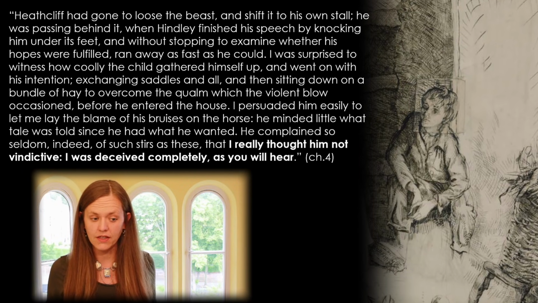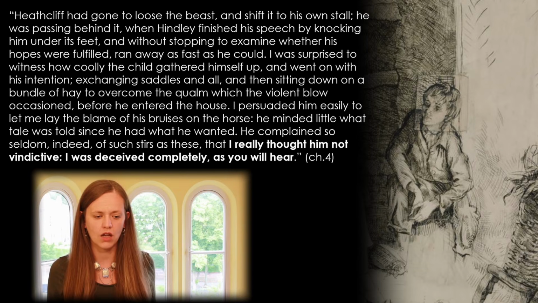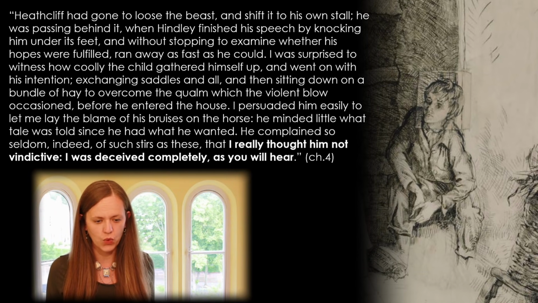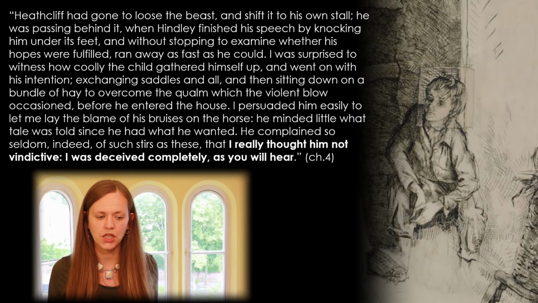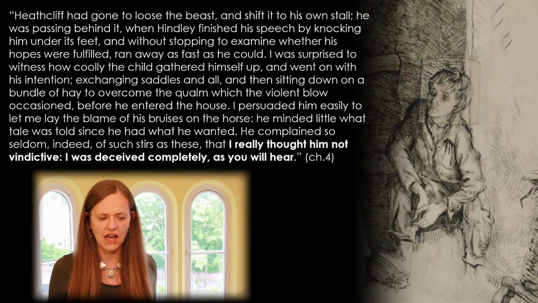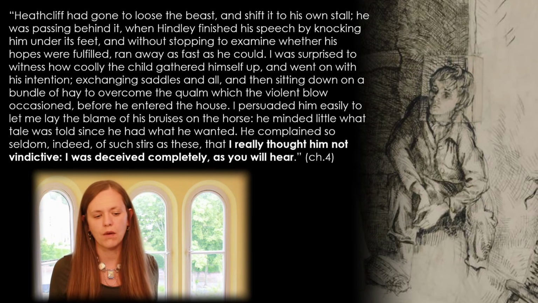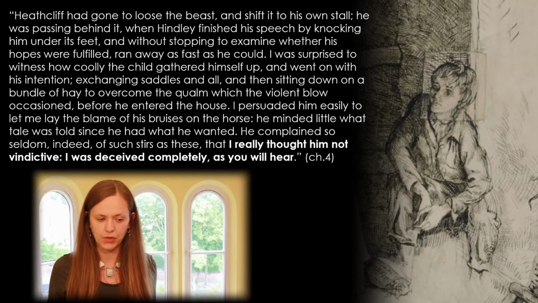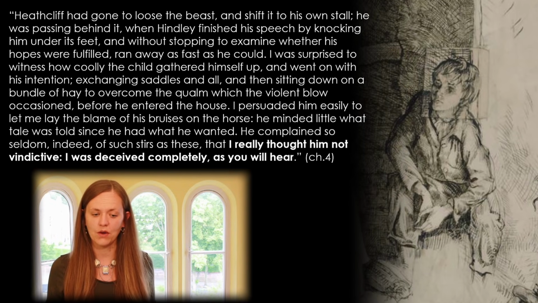I was surprised to witness how coolly the child gathered himself up and went on with his intention, exchanging saddles and all, and then sitting down on a bundle of hay to overcome the qualm which the violent blow occasioned before he entered the house.